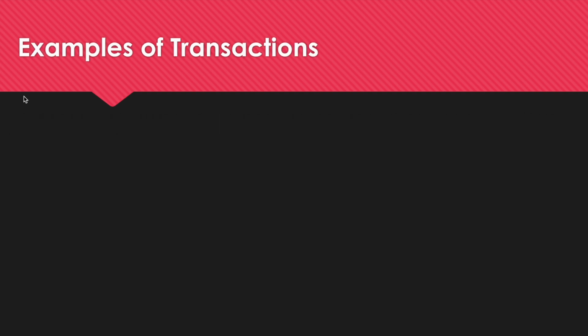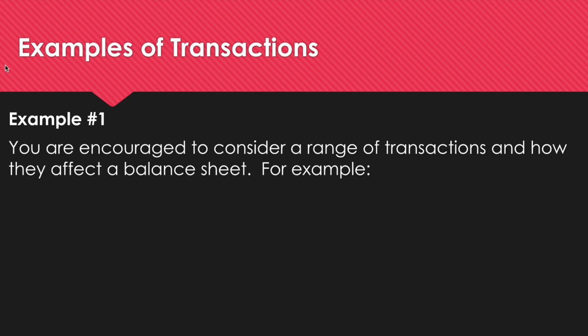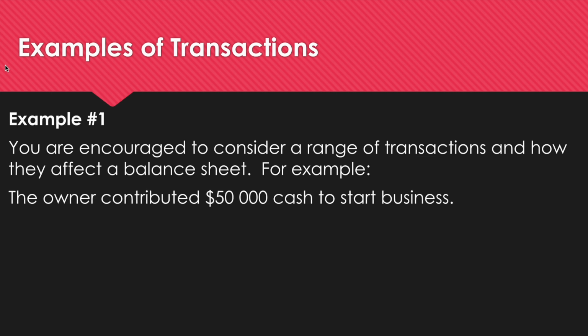So we're going to be looking at some examples to help understand what the twofold effect is. You are encouraged to consider a range of transactions and how they affect a balance sheet. For example, the owner contributed 50K cash to start the business. When an owner contributes money, that's a form of capital, money contributed from the owner itself.